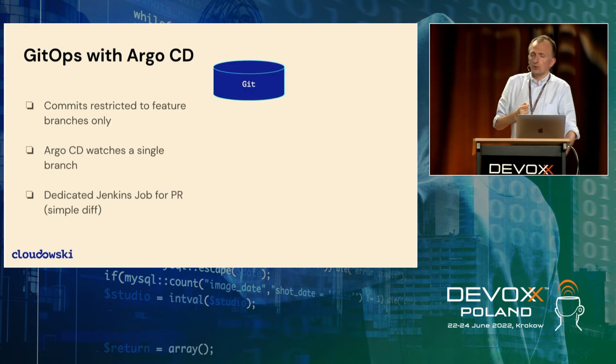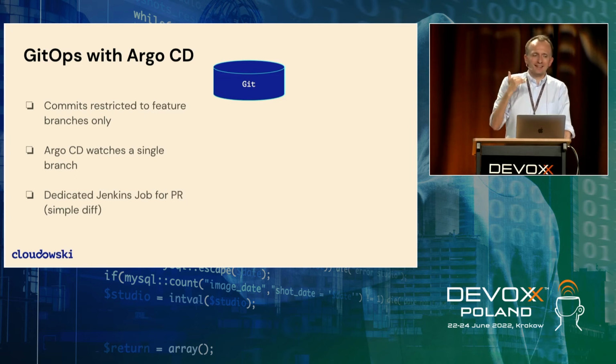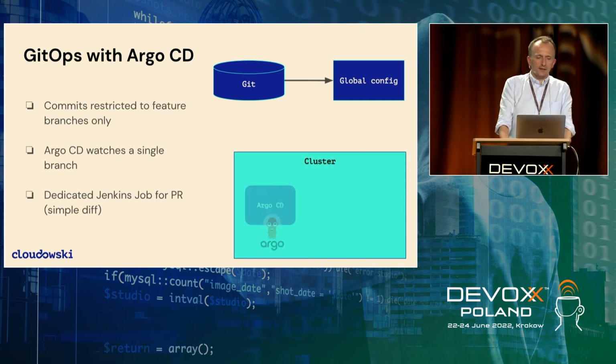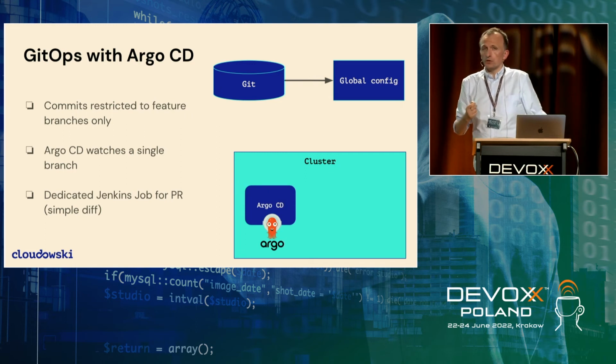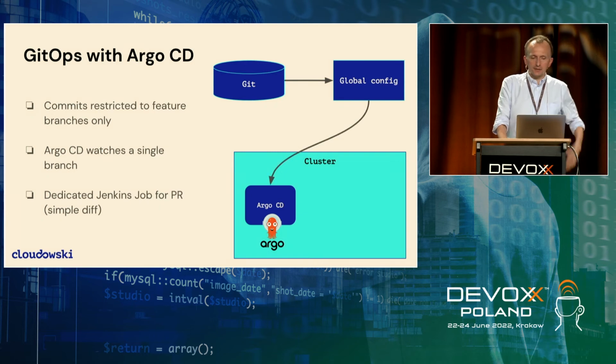But that's not all. So when it comes to applications, of course, we use CI/CD with Jenkins. However, we also use this modern approach called GitOps. We use this global configuration repository, and we use Argo CD controllers that are installed on every Kubernetes cluster, and these controllers just use the data from GitHub repositories.